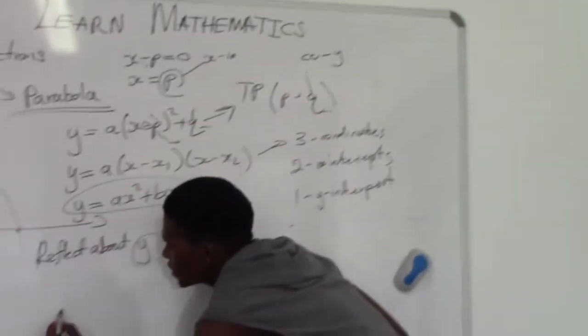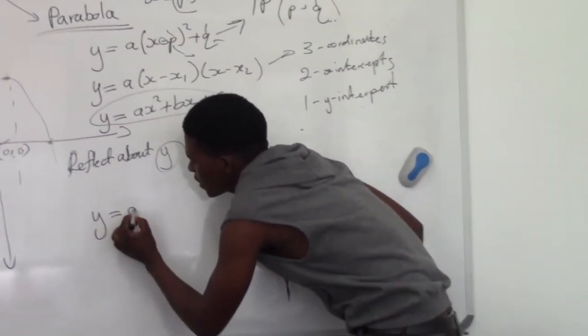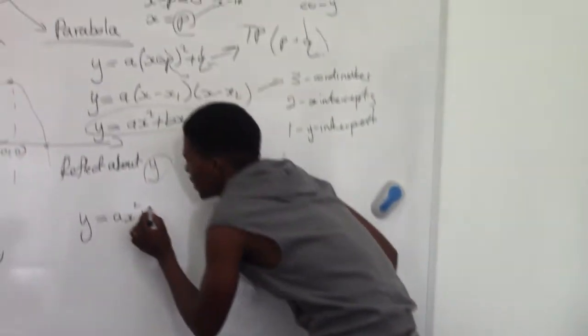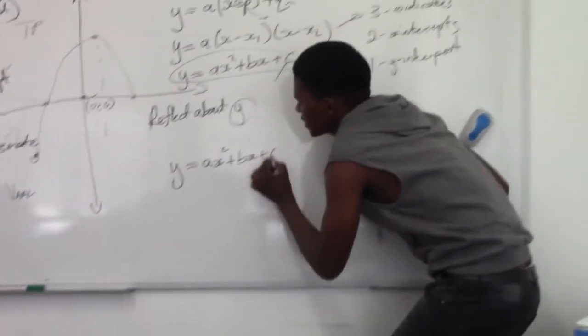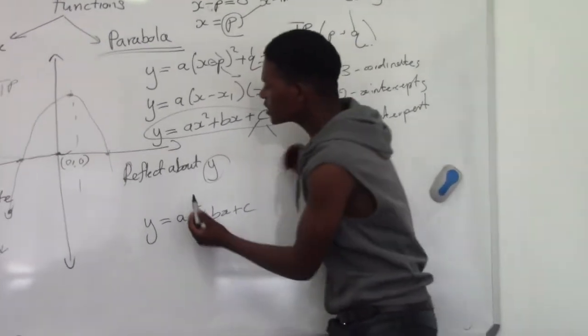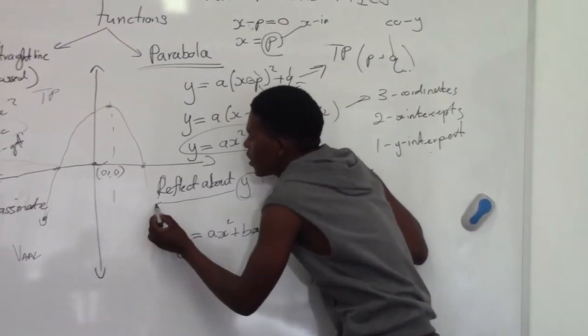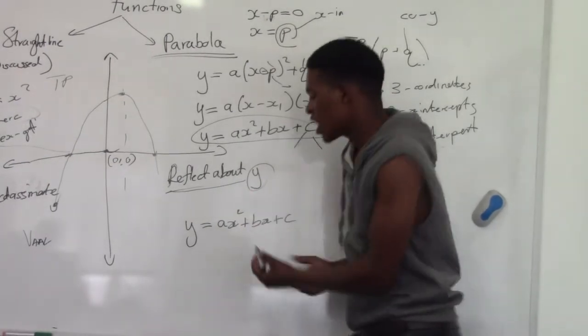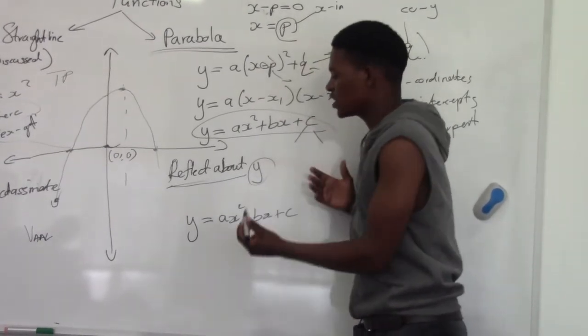So, having an equation y = ax² + bx + c, because I'm reflecting on my y, that means my y has to change.